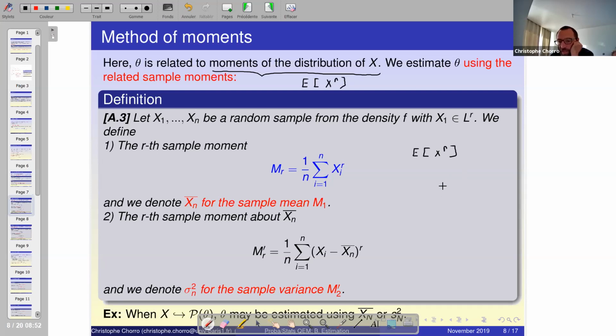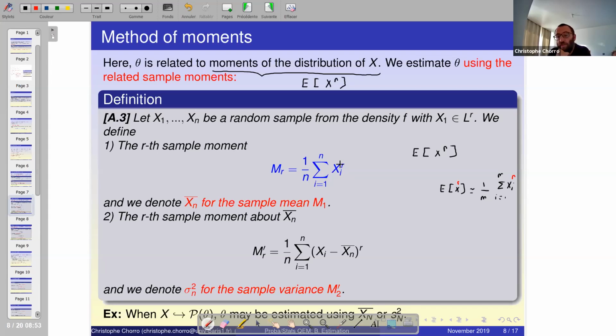We know together that the expectation of x can be approximated by the sample mean, that is 1 over n sum from i equal 1 to n of the xi here. And of course, a natural way to approximate the expectation of x to the power r is just to put xi to the power r here. That is exactly what I have here.